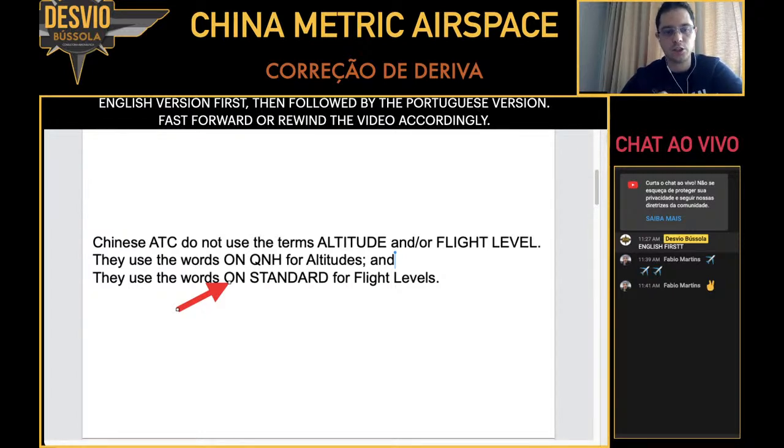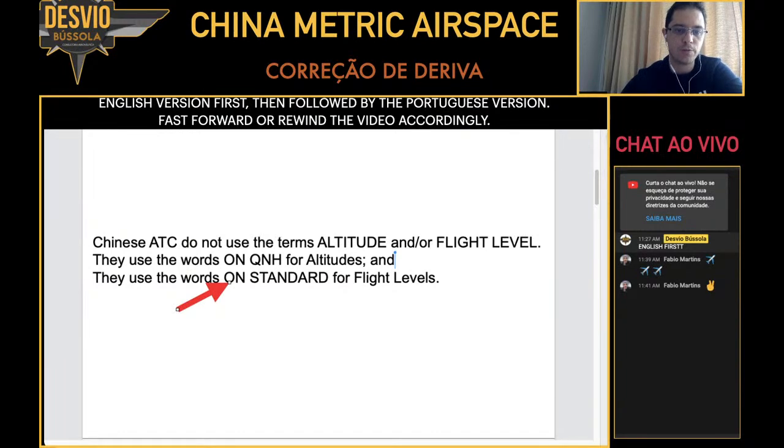The Chinese don't issue non-standard flight levels. All levels and altitudes will be standard based on the track you're flying, but they use these words "on standard" to indicate that you are flying flight levels based on standard QNE, 1013.25 hectopascals.